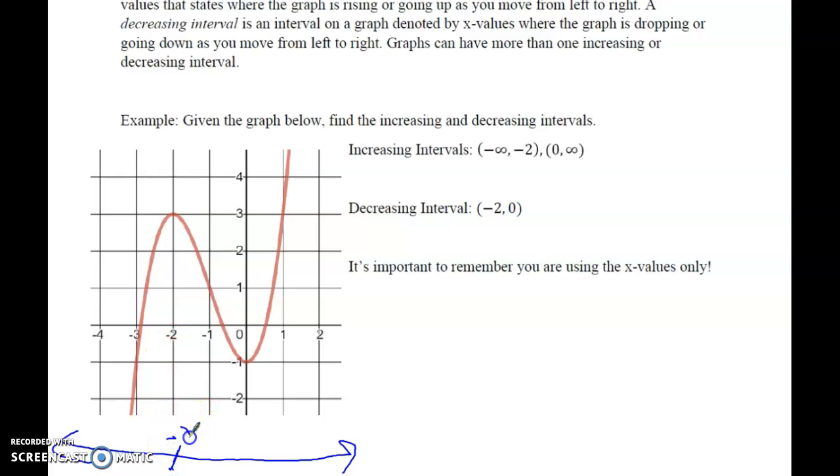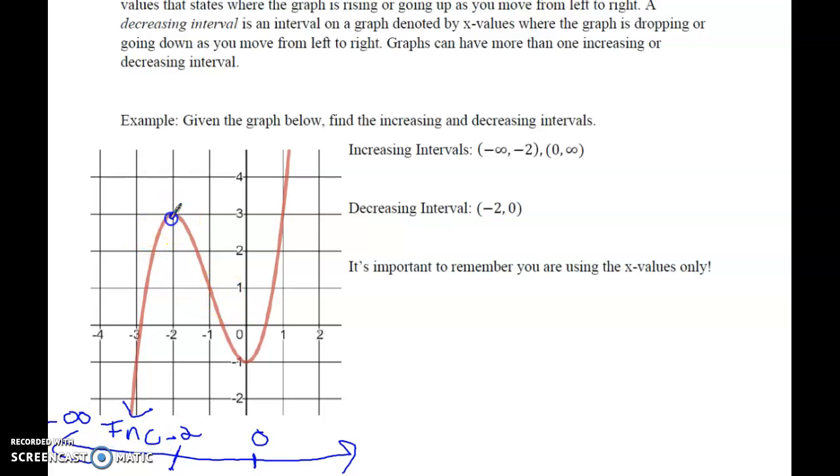And that is going to give you the places where it's going to change from either increasing to decreasing or decreasing to increasing. If you look here, for this section, as we go from negative infinity all the way to this relative maximum point here, we are going up. So therefore the function is increasing.